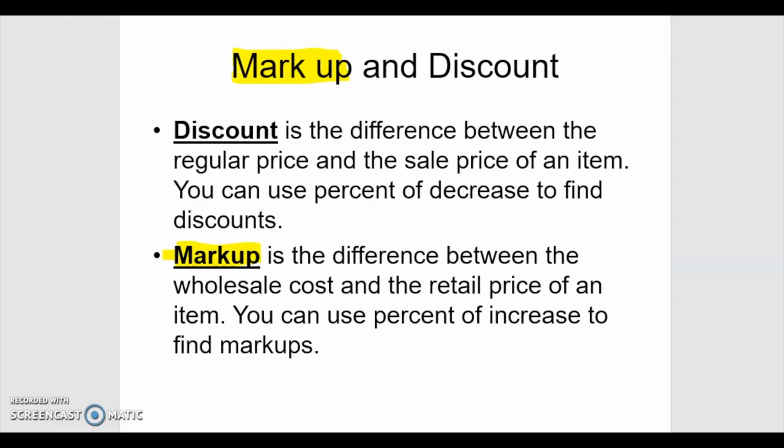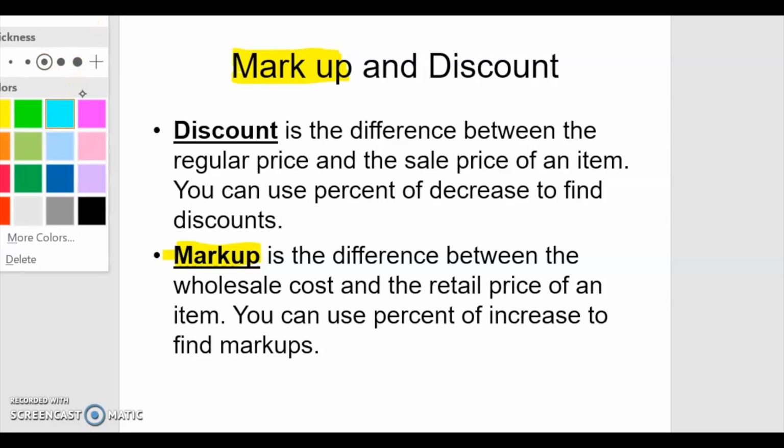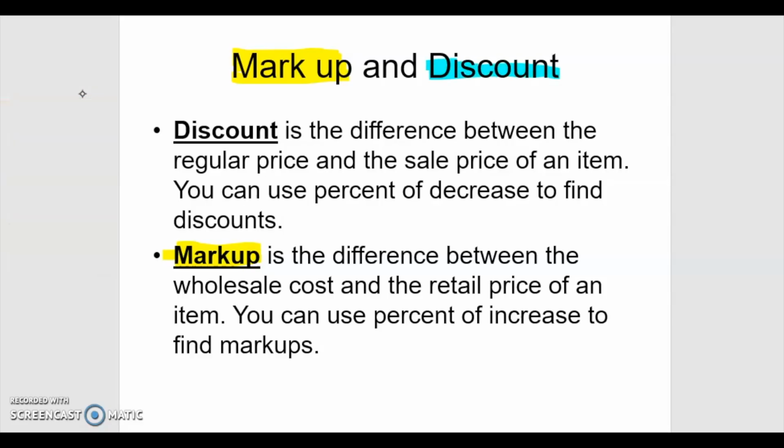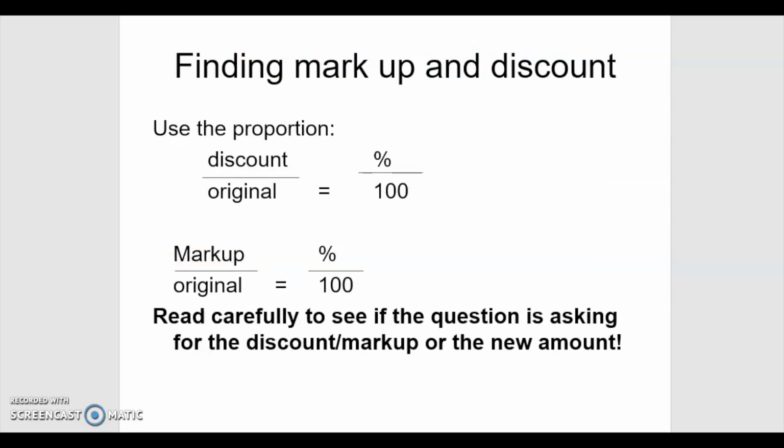And then we're going to look at discounts. Discounts are when stores take the normal retail price, the price that the store would sell the item for, and they lower that price, they discount it. For both of these problems, we're going to use a proportion just like we used for percent of change.